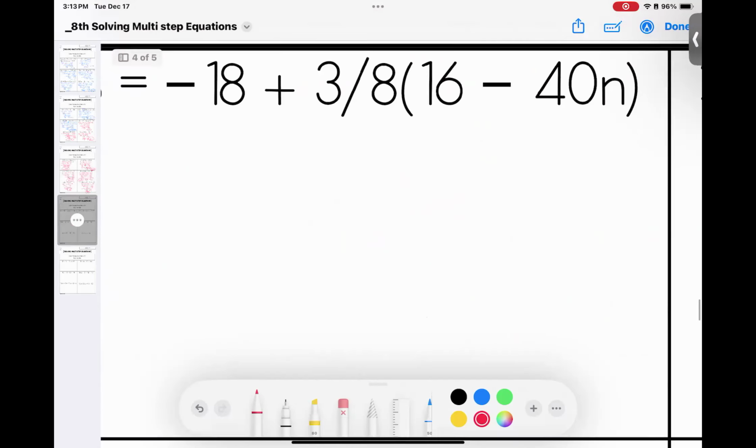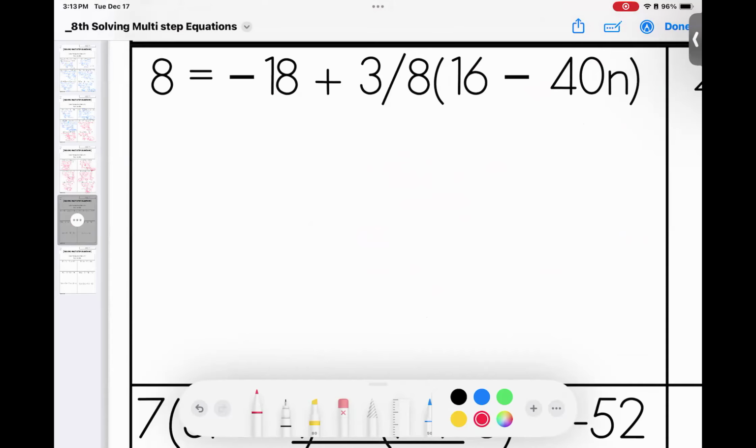Coming down to page 4, where we have some distribution. Go ahead and convert your 3/8 to a decimal. We talked about how, although we don't love decimals, eighths are actually called benchmark decimals. So just as a reminder, 0.375 or 375 thousandths is going to be that in decimal form.